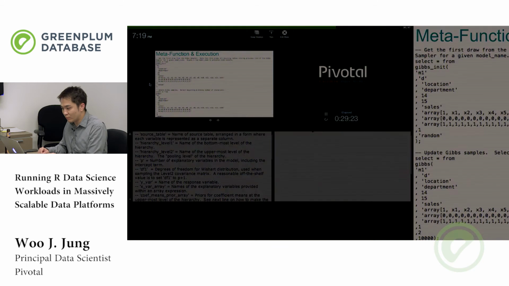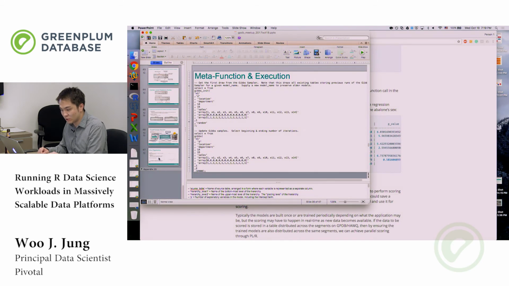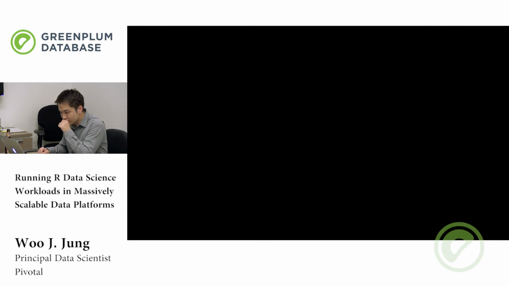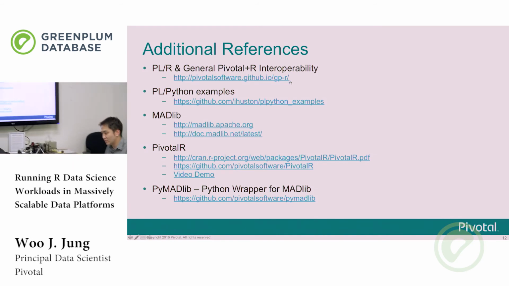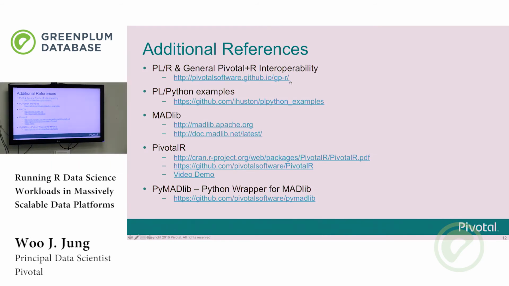And before we get to questions and answers, I just wanted to close by pointing you to some online references and resources that we have for PLR. This first link over here is that GitHub Pages link that we looked at earlier on in the session.